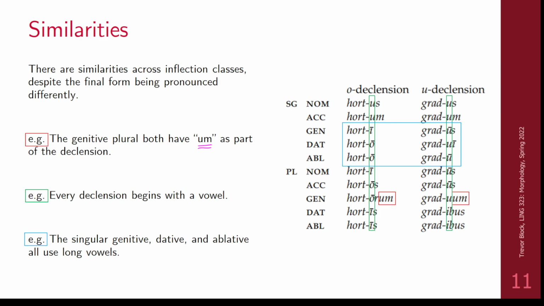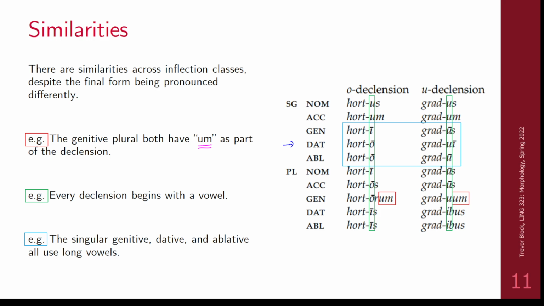What's another similarity? Every declension begins with a vowel, so either O, U, I, short or long. So every single inflection starts with a vowel. And finally, here's another interesting one. The singular genitive, dative, and ablative all use long vowels, while the singular nominative and accusative use short vowels. So there are some similarities there as well.